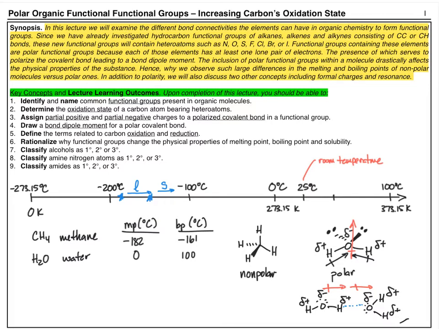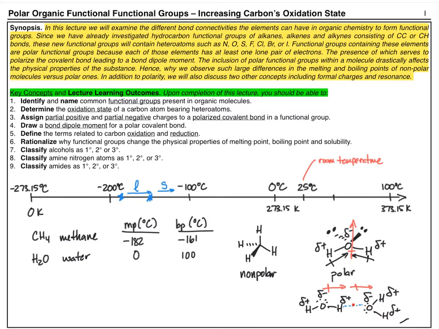If you start thinking of molecules in terms of polarity, and the polarity being based on changes in electronegativity from the periodic table, we can start to rationalize melting point, boiling point, and solubility properties of these molecules. And really that's what we're aiming to do: looking at a collection of elements in their normal bonding patterns.